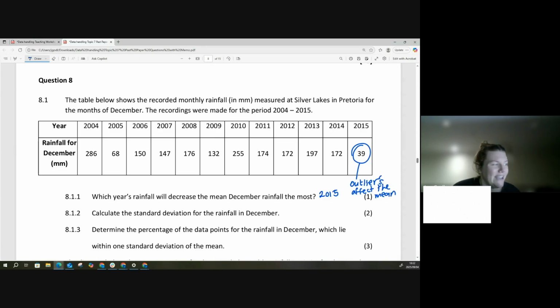Calculate the standard deviation for the rainfall in December. You can use your calculator. You do not need to put in all of the years.